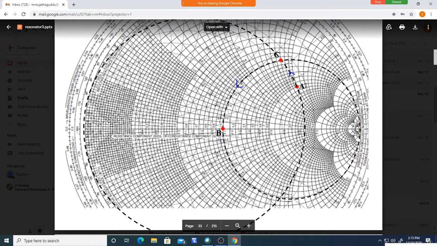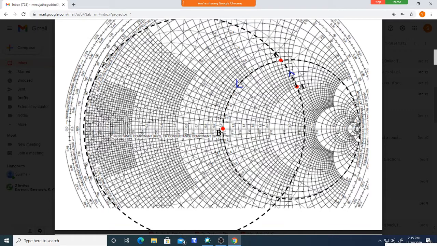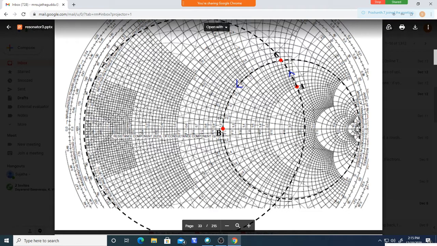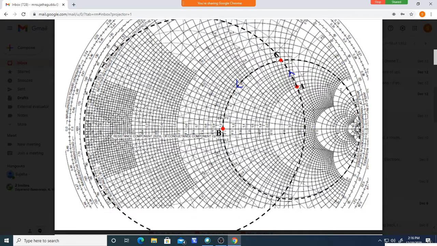So I cannot move over the resistance circle. Even if I move anywhere from here over this circle, I cannot reach this circle. So automatically I could not move over this.